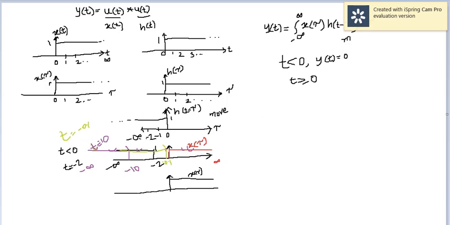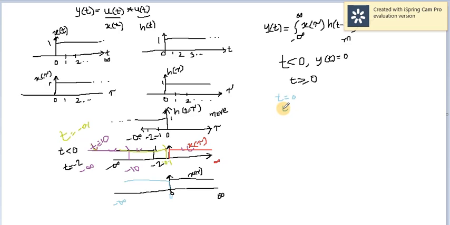When t is equal to 0, we get the same signal, from 0 to minus infinity, whereas our x of tau is from 0 to plus infinity. At the 0th place, both the signals overlap, so the multiplication gives us a non-zero result. Y of t exists.